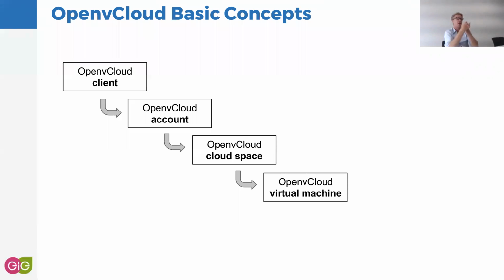Once you have a client connection, you need to specify an account. Once you have an account, you can create a cloud space. Once you have created a cloud space, you can create a virtual machine. And you know what? Remember this logic that I showed you in the AYS services with parent and child and stuff like that? You see the same model coming back here.